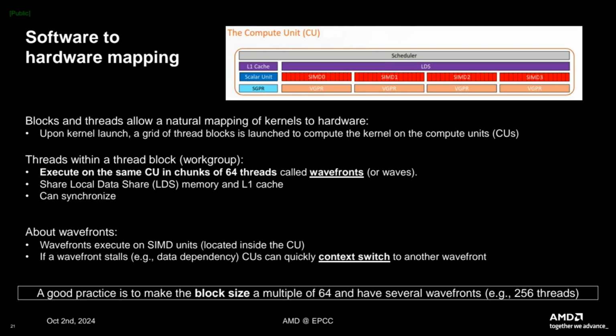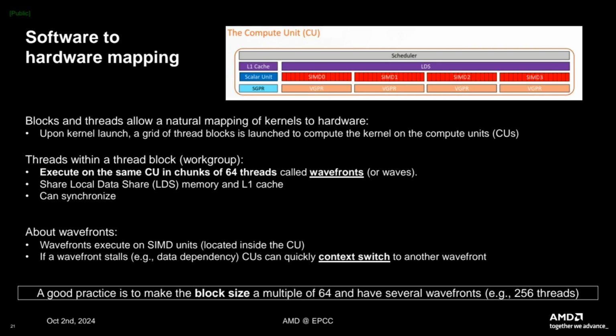We have to be aware that threads within the same workgroup or block execute on the same compute unit in chunks of 64 threads called wavefronts, which are the AMD equivalent of warps for NVIDIA. Remember that NVIDIA has 32 as size and AMD has 64.